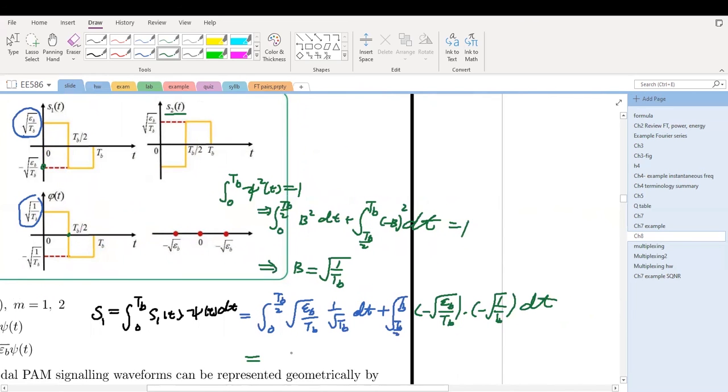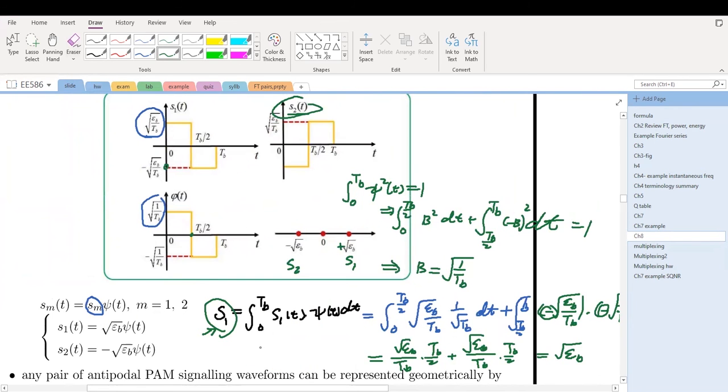If we do these two integrals, what does this equal? This is square root EB over TB times half TB, plus, this is minus, this is minus, it becomes positive, so square root EB over TB times half TB. What does this equal? This equals square root EB. So this is S1, the coefficient S1.